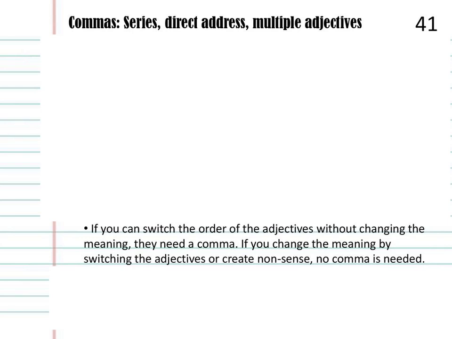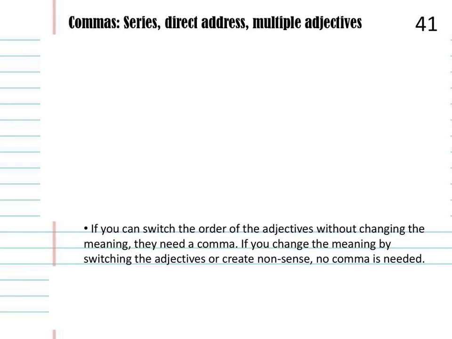Adjectives are a little bit tricky, so we will be talking more about that in a separate lesson. But we will say this as one simple rule. If you can switch the order of the adjectives without changing the meaning, then you need a comma. If you change the meaning by switching the adjectives or create nonsense, then no comma is needed.